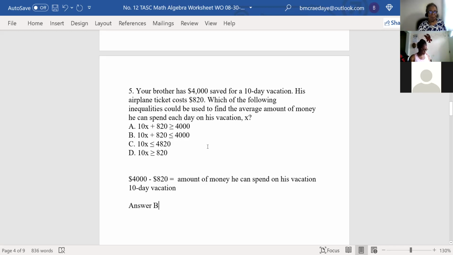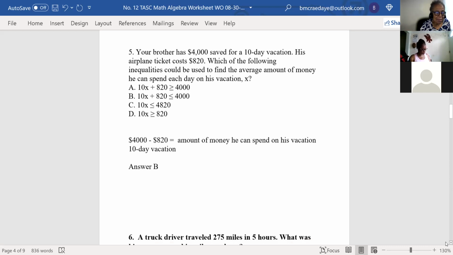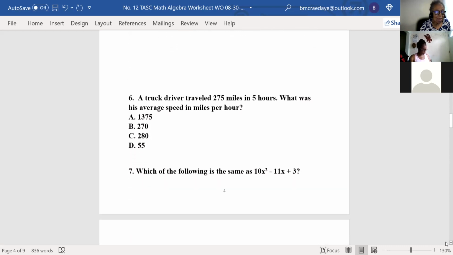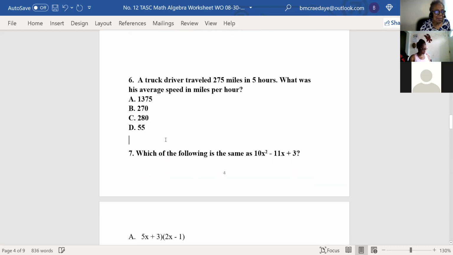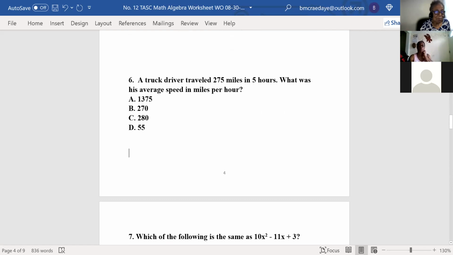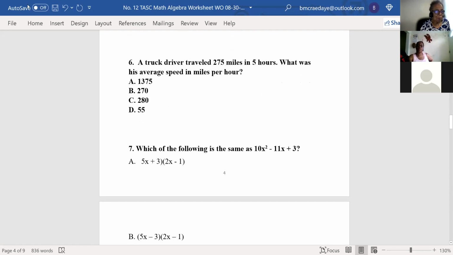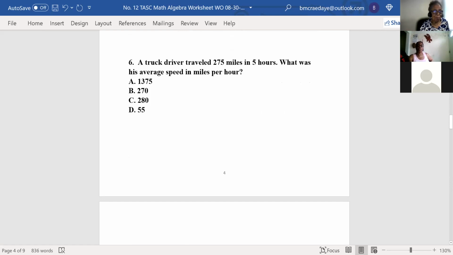No. All right, let's go to number 6. Okay, Vanessa, number 6. A truck driver traveled 275 miles in 5 hours. What was his average speed in miles per hour? Okay, how would you solve it? This is a distance problem.